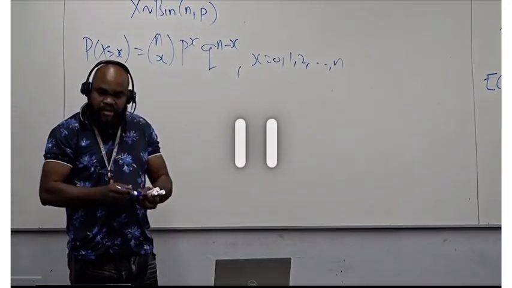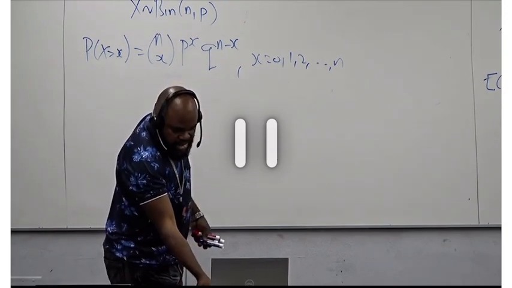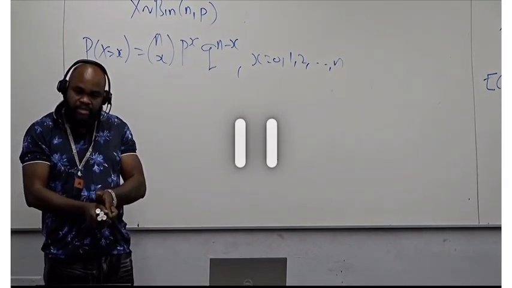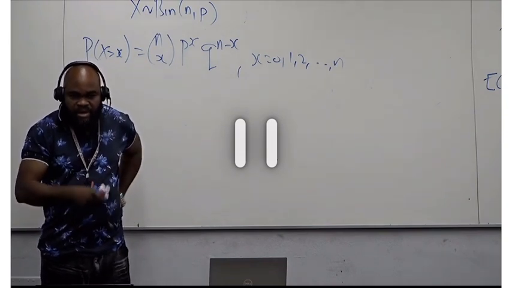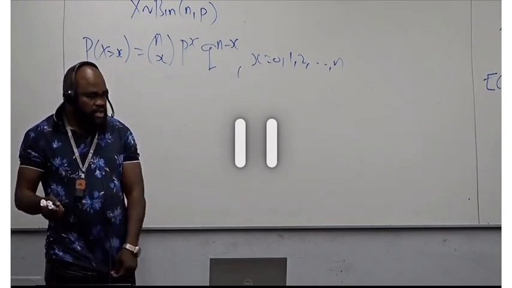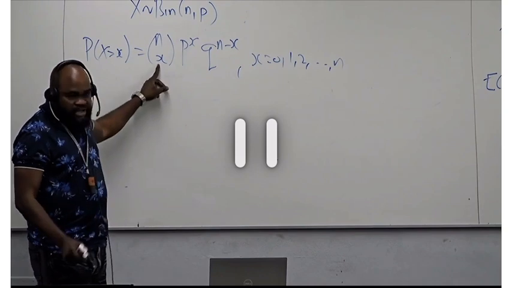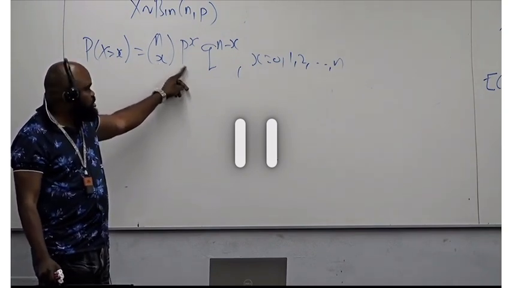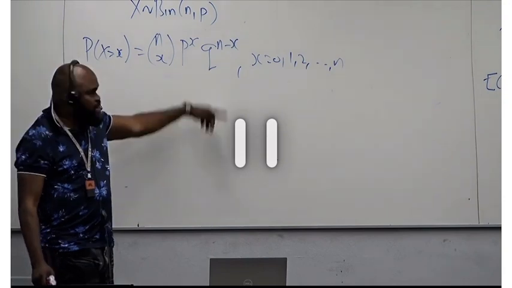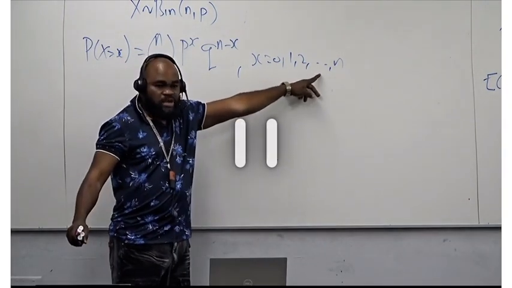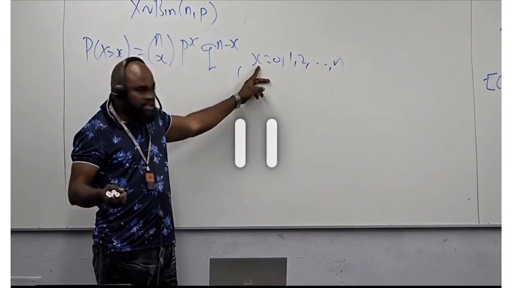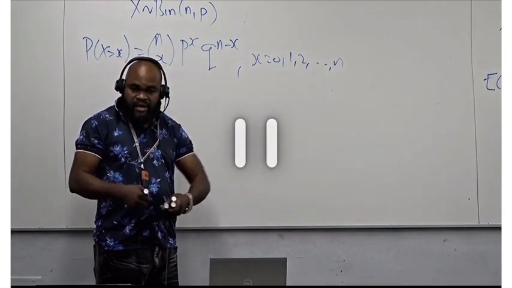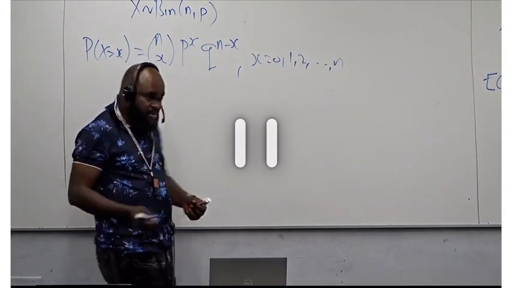So binomial is a generalization of Bernoulli. In the case of binomial, we have more than one trial, and X represents the number of successes. P is the probability of success, Q is the probability of failure, and these are the state space for the number of successes. I could have 0, 1, 2, or up to n, don't forget, and there are two possible outcomes as well.